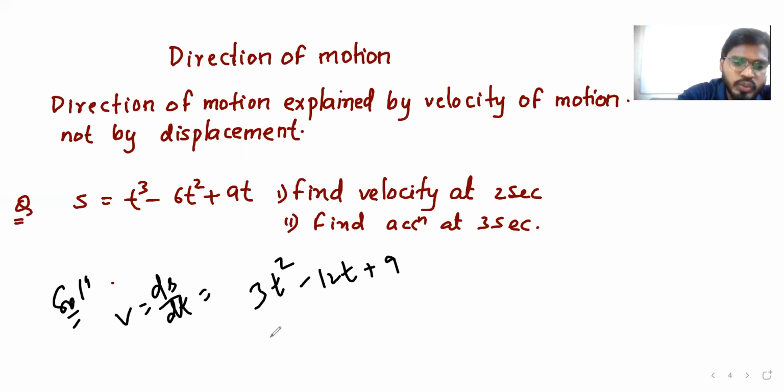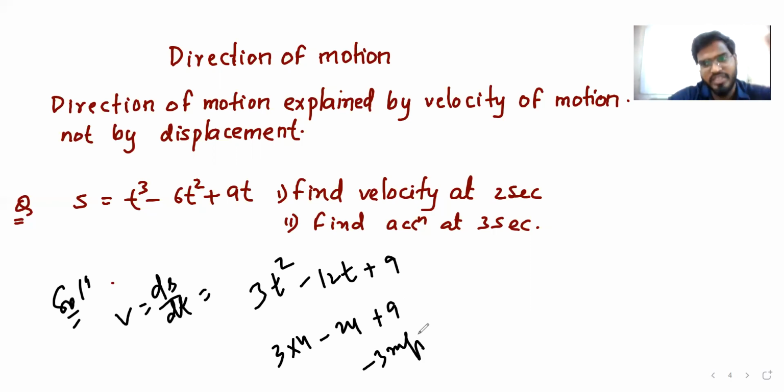Now if you put t as 2 here, that is 12 minus 24 plus 9. So 12 minus 24 is minus 12, minus 12 plus 9. So minus 3 meter per second. Now see, minus 3 means backward direction, right?